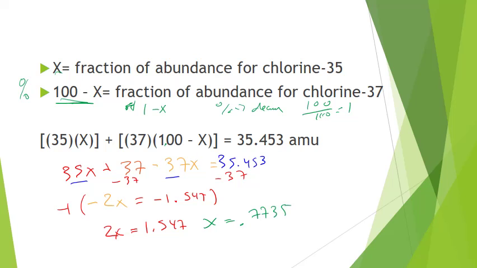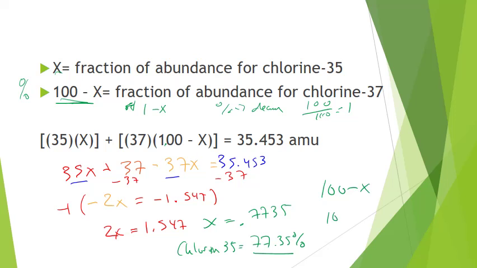So x is equal to 0.7735, which as a percentage would be 77.35%. So that means chlorine 35 has a relative abundance of 77.35%. So if we need to find chlorine 37, well, it's 100 minus x, or 1.0 minus x.